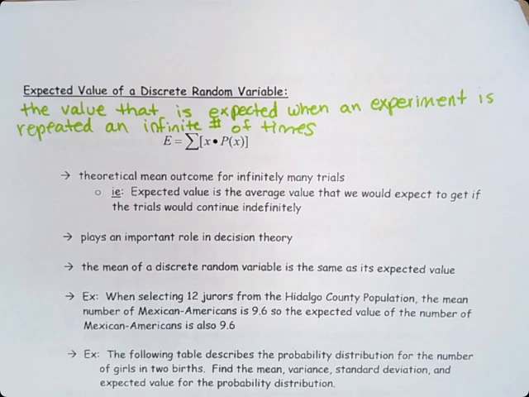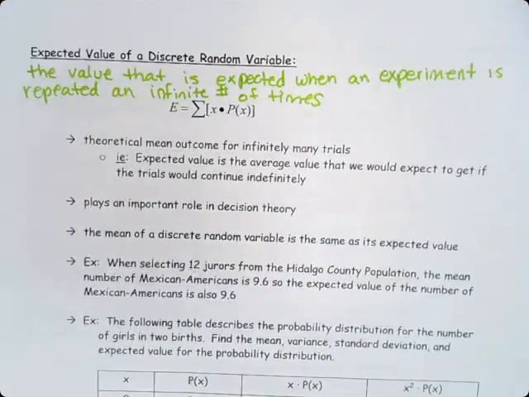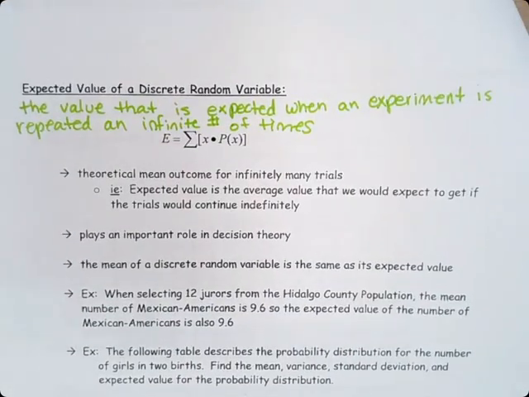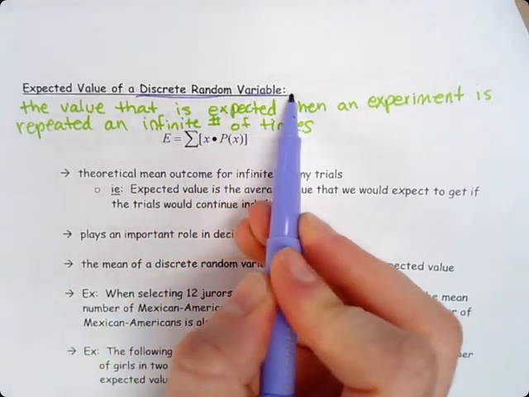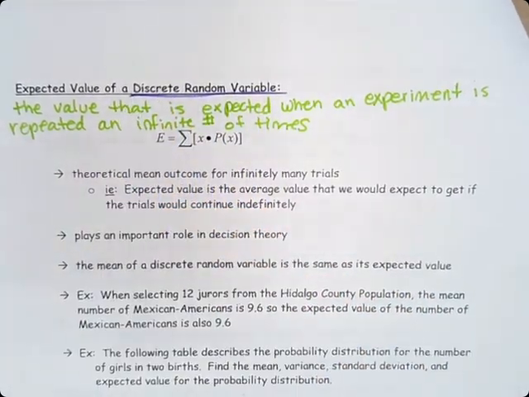The expected value of a discrete random variable is the value that is expected when an experiment is repeated an infinite number of times. So it's given us our formula. And this is for discrete random variables, it's not for continuous, it's for discrete.